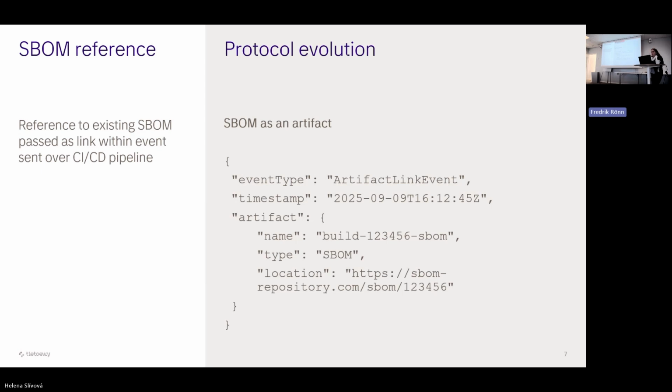And it could be wherever you would like to have it. Then we have all this information in such an artifact link event, and that could be used whenever we like. It would make it easy to trace the exact composition of the software throughout the pipeline.